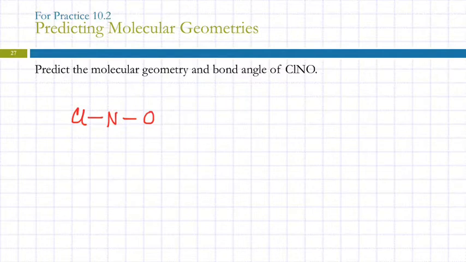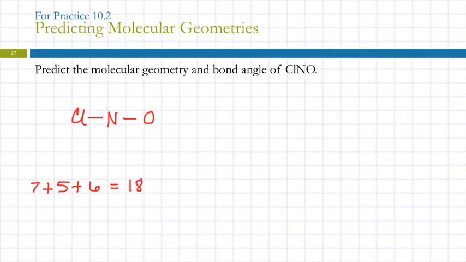So we've got bonds, and now we need electrons. So we've got 7 from the chlorine, 5 from the nitrogen, and 6 from the oxygen. And that's what, 18?